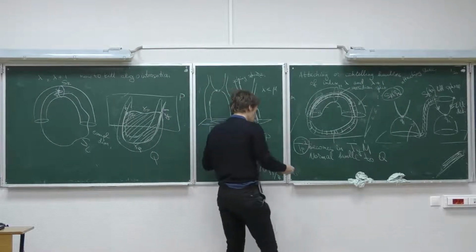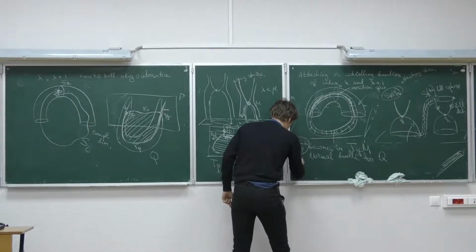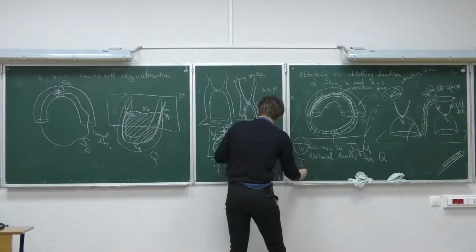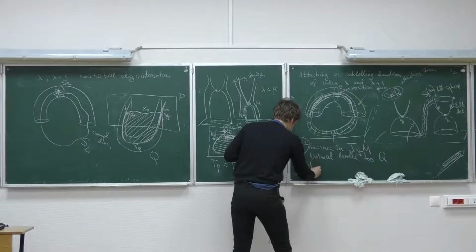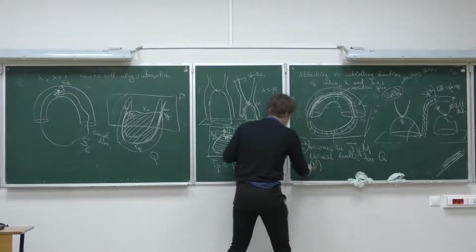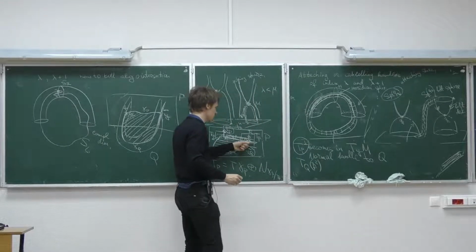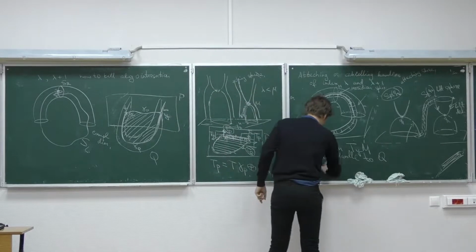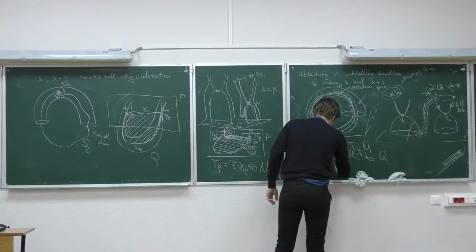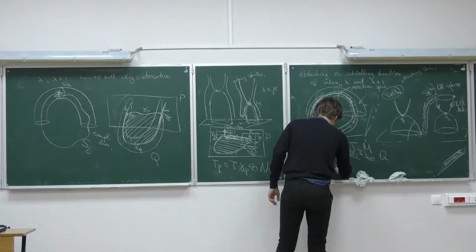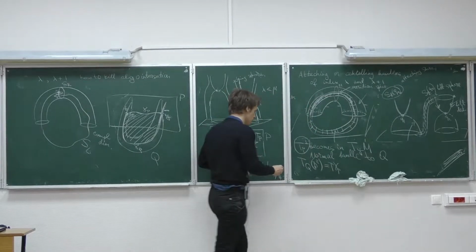On the disk, you have the tangent space in Q to the disk, and this tangent space is decomposed into the tangent to the curve gamma P and gamma Q. Yeah?